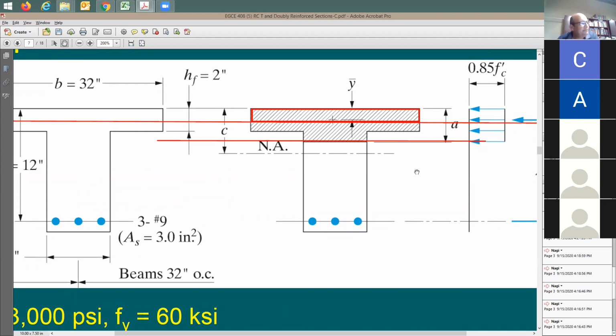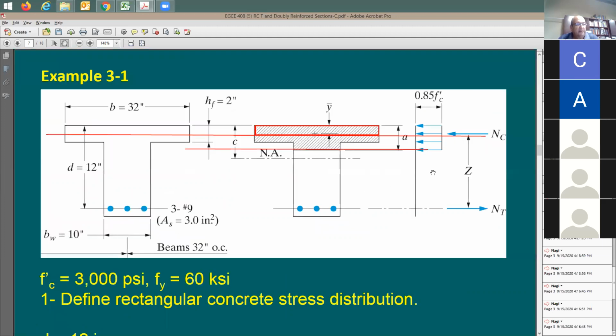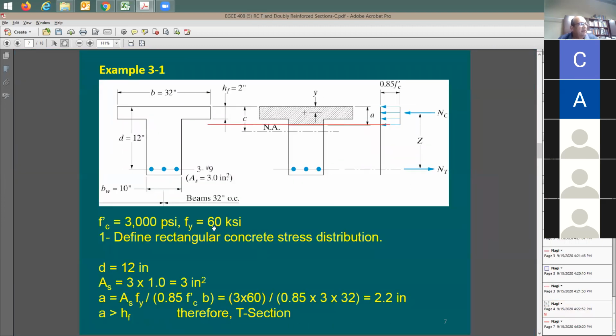Not very clear, I understand, but we're going to get to that. Let me do the analysis. Forget about this location, forget about this section. Strength of the concrete 3000, F sub Y is 60. Let me find A, the concrete block depth.